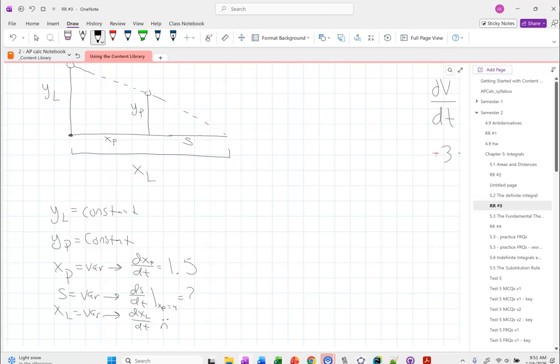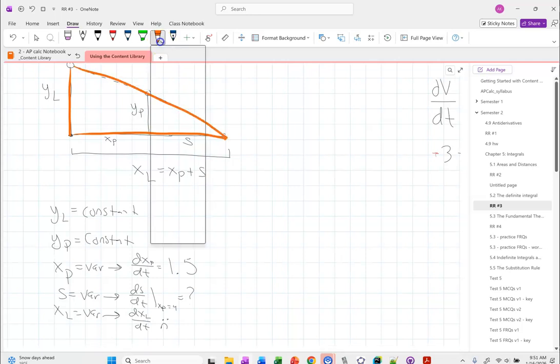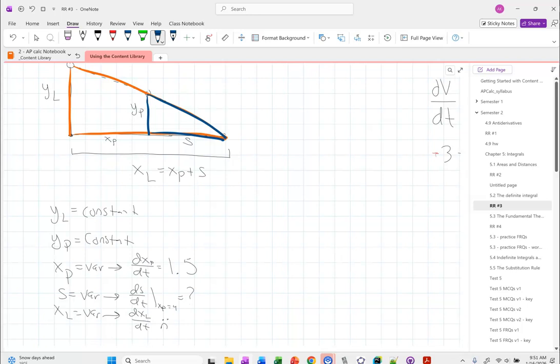So we need to find an equation for xl in terms of the other variables. This should be very simple. Yeah, xp plus s, right? Everybody feel good on that one? A real brain buster there to come up with a second equation, but all right. So when I look at this, the equation that's going to relate the variables together, I see similar triangles again.